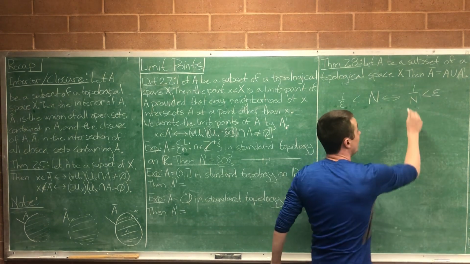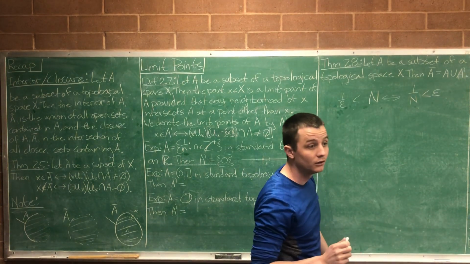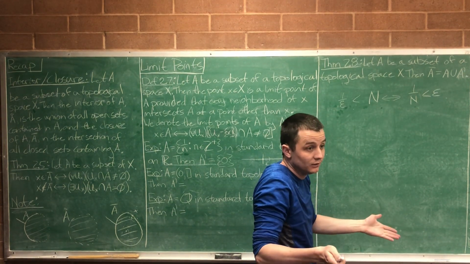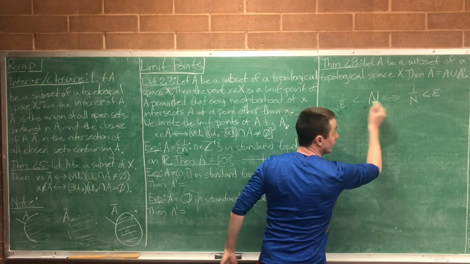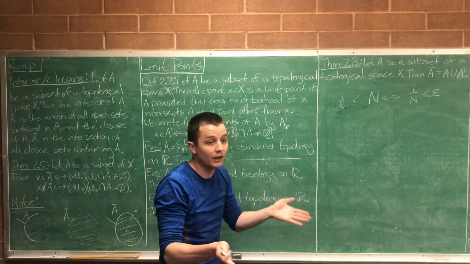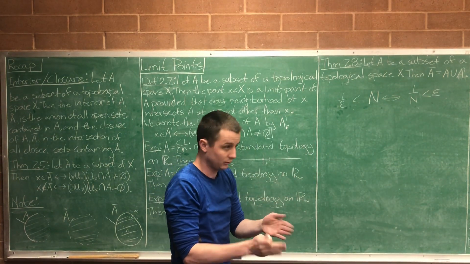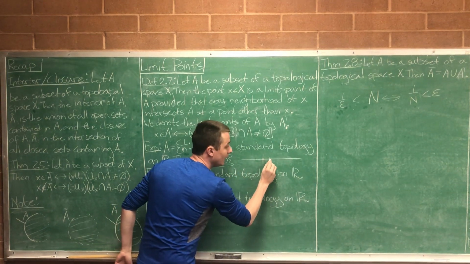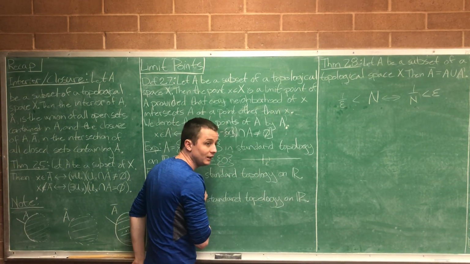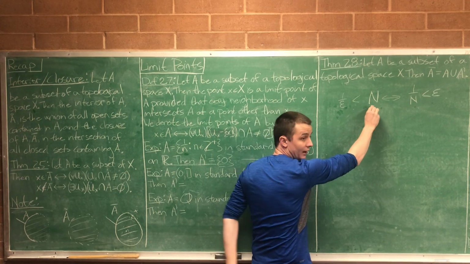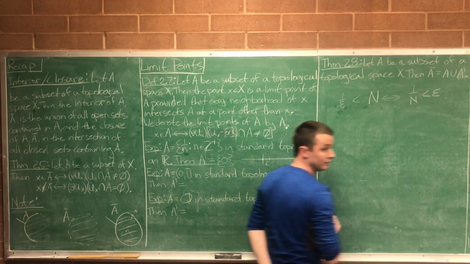So then 1 over big N is less than epsilon, for some big N. Whatever that big N is, might be 10,942,621. Depends on what the epsilon is. But for any epsilon you pick here, I'm guaranteed that there is some big number N such that 1 over N is less than epsilon.